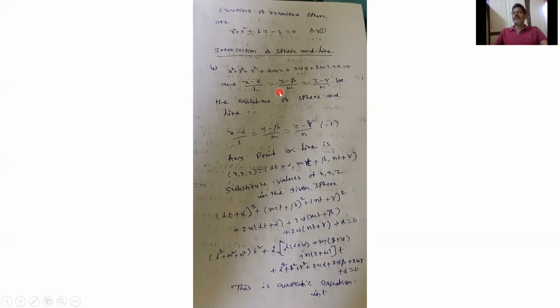Now we have to find the points of intersection of the sphere and line. First I will write any point on the line. The given line is x minus alpha by l, y minus beta by m, z minus gamma by n equal to t.